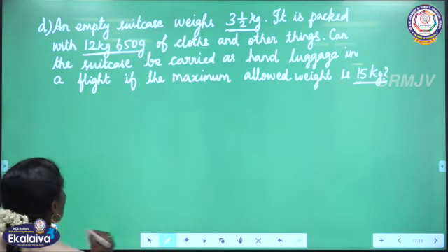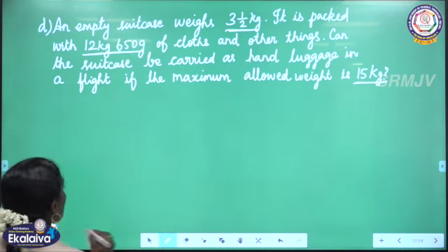So, to find that, we have to add the weight of the empty suitcase and weight of the cloths and other things. So, weight of the empty suitcase is equal to 3.5 kg.